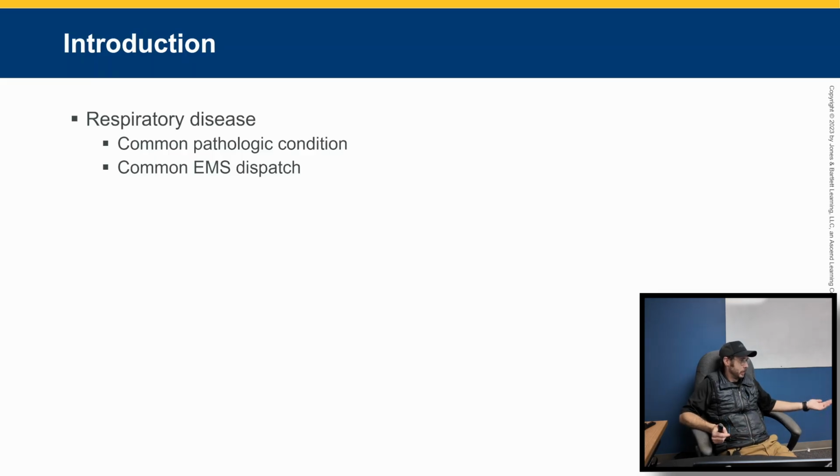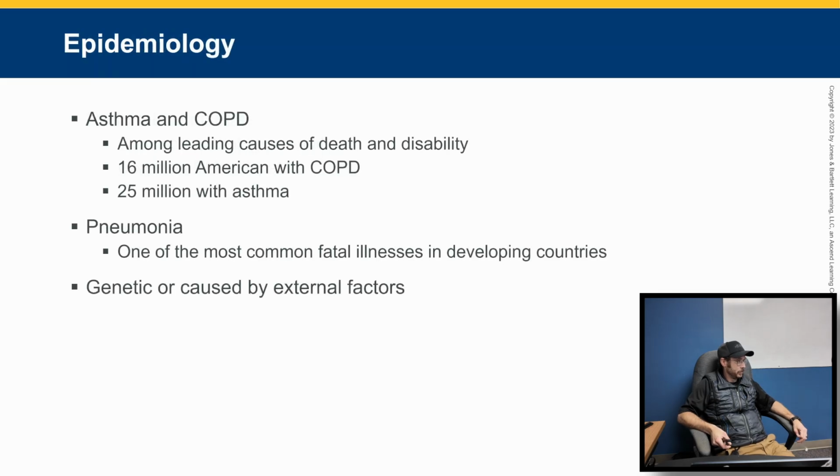Off the hip, probably half-ish, give or take, are some sort of respiratory component. Generally, it's pretty vague. Generally, it's just something like shortness of breath, right? What's my list of potential diagnoses for someone with shortness of breath? Well, it's about 74 pages long, right?